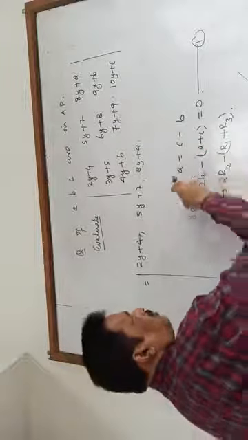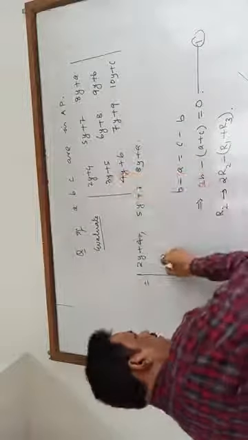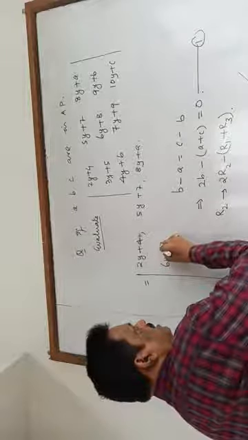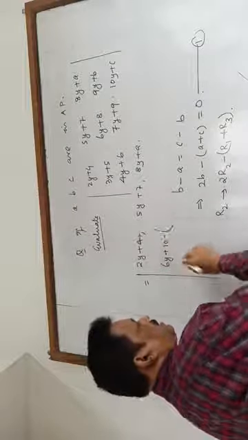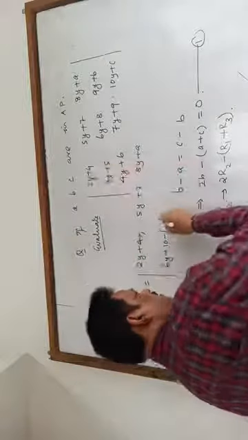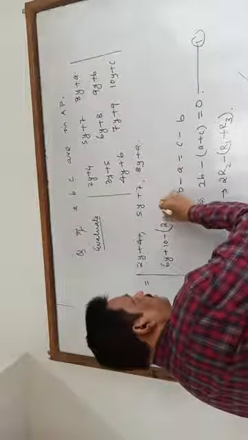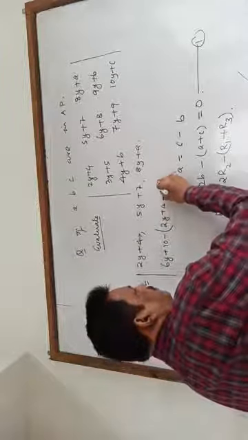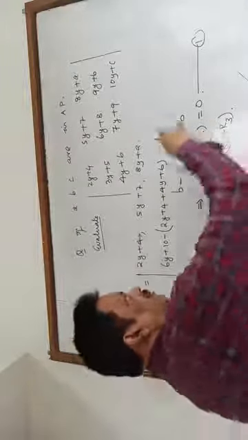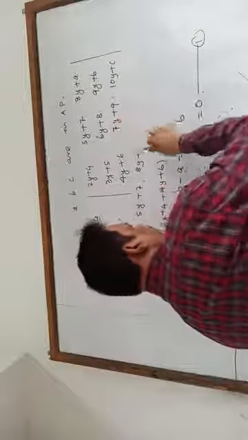Now 2 row 2, multiply 2, 6y plus 10, minus row 1 minus row 3, minus this minus this, 2y plus 4, 4y plus 6.